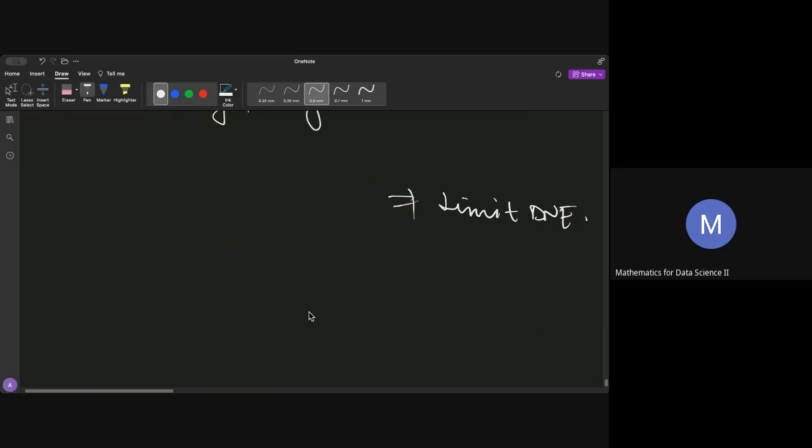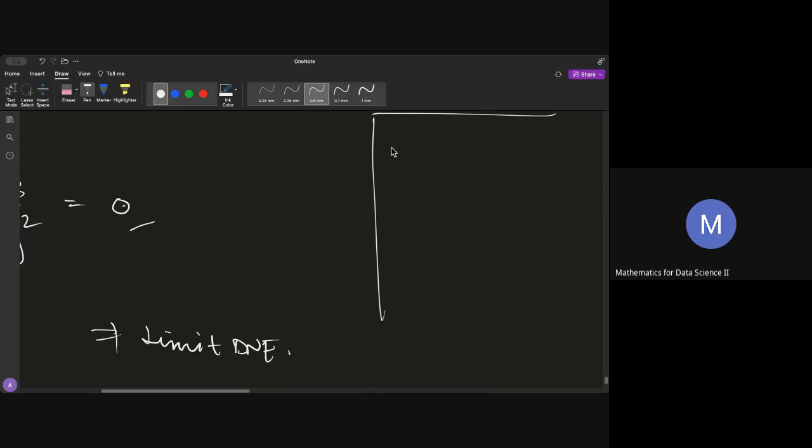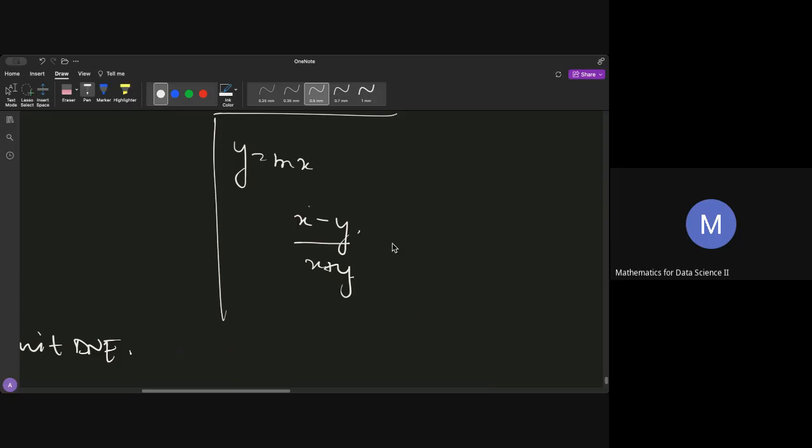So one quick tip would be, you can test for general y is equal to mx. If you see something like this, let's say you have x minus y and x plus y, then if I put y is equal to mx, I'll have x minus mx by x plus mx. If I take x common, I'll get x times 1 minus m and x times 1 plus m.